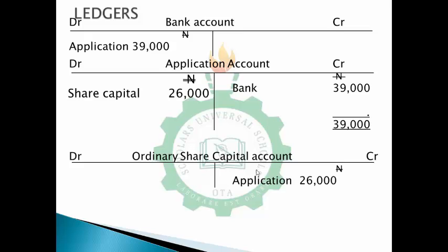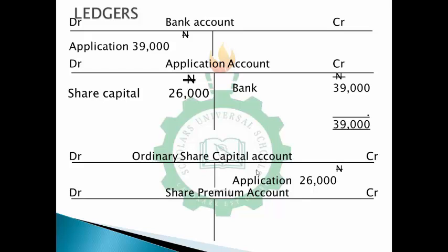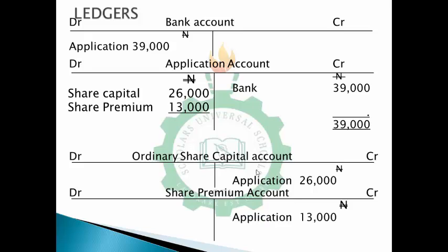Then the corresponding debit entry will go to application account. Then the last part is share premium account, right? 1 times 13,000, you have to credit this with 13,000 Naira, then the corresponding debit entry is going to your application account. So this makes up for your application account, which is 39,000 Naira, 39,000 Naira.